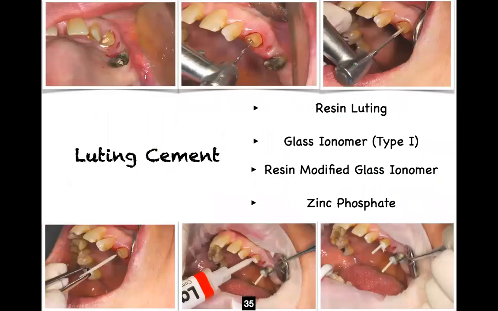Luting, now this is again important. You should just know what we use for luting and what all we can use. Just write the name. Look at this beautiful case that I'm showing you here. You're using your electronic device to make sure your luting cement goes evenly inside the canal, right? You can use a lentulo spiral, which is an instrument that we use in endo.